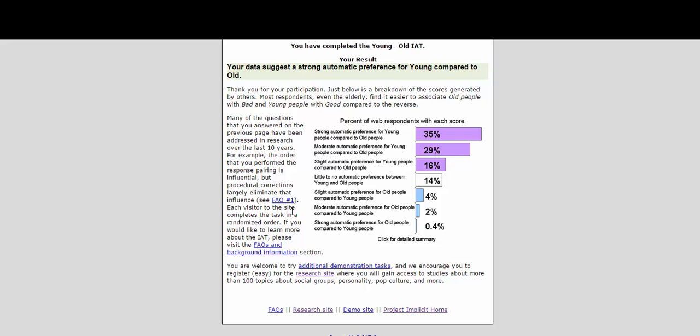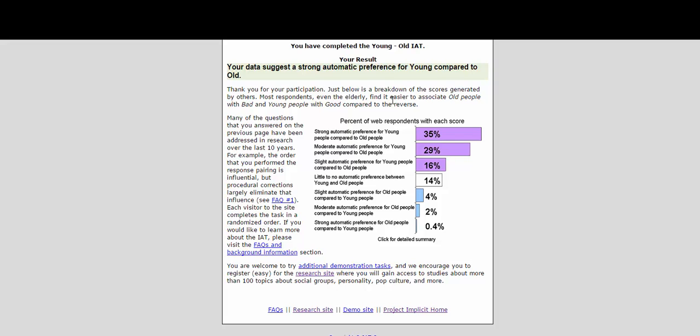Then you would explain why your unconscious beliefs were not the same as your conscious expectations. You might say, for example, that the media, I believe, makes me prefer younger people a little more than older people than I thought I did, or some other answer that you truly believe in.